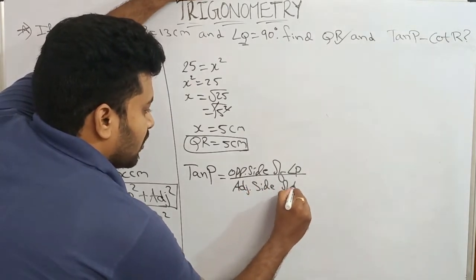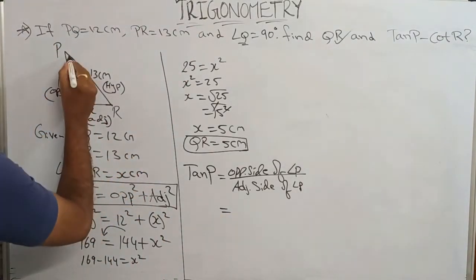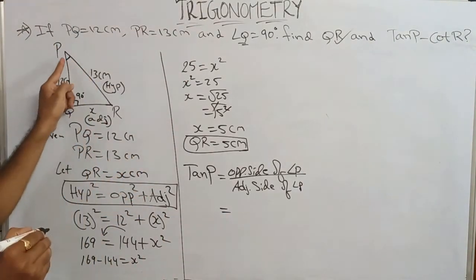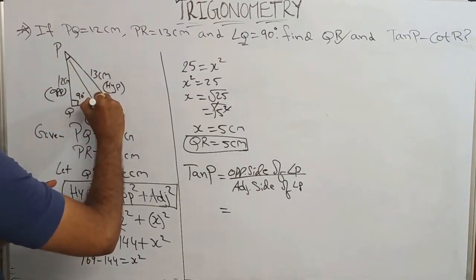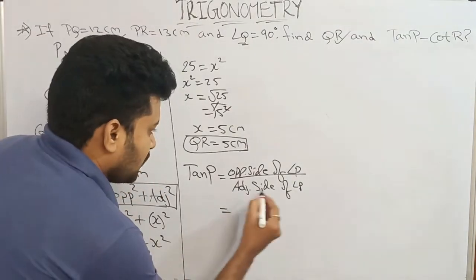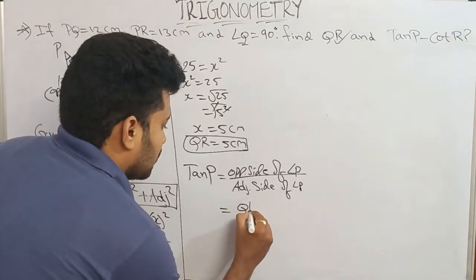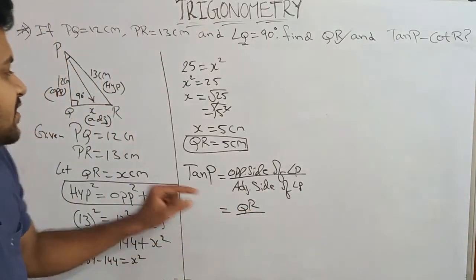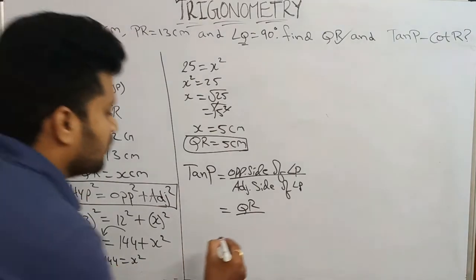What is the opposite side of angle P? The opposite of angle P is QR, which is pointing like this. So the opposite of angle P is QR, by the adjacent side of angle P, which is touching this angle P, called the adjacent side, means PQ.